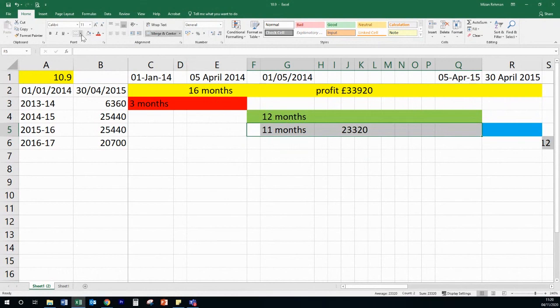So this is 11 months, which is overlap profit. So we will need this when we can claim an overlap relief, when we change a date or when the business changes. Yeah. So that figure will be required.